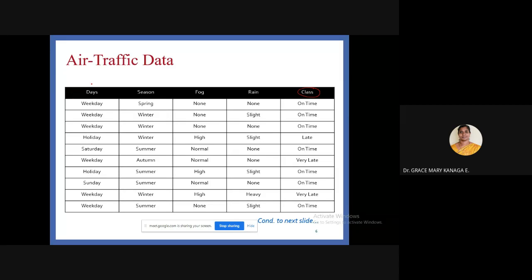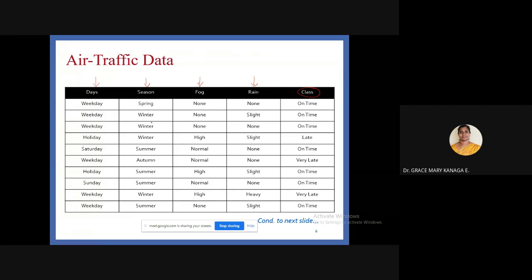There are four attributes: days, season, fog, and rain. For days, it may be a weekday, that is Monday to Friday, or Saturday, Sunday, or a holiday. These are the possible values for days: weekday, holiday, Saturday, Sunday.